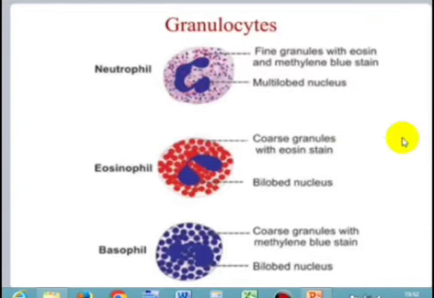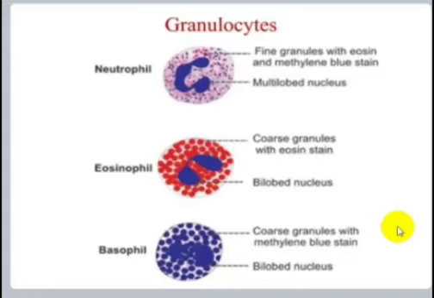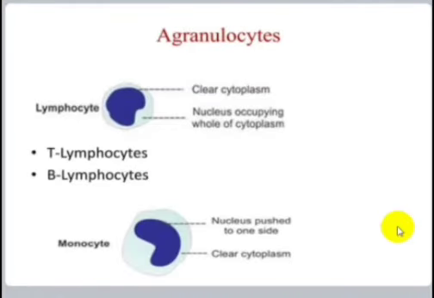So going forward, the agranulocytes are of two major types. We said that agranulocytes are white blood cells that lack granules in the cytoplasm. Alright? So there are two types of the agranulocytes.